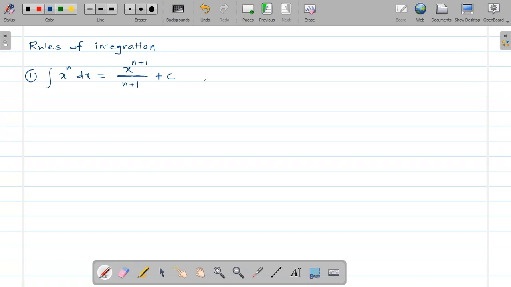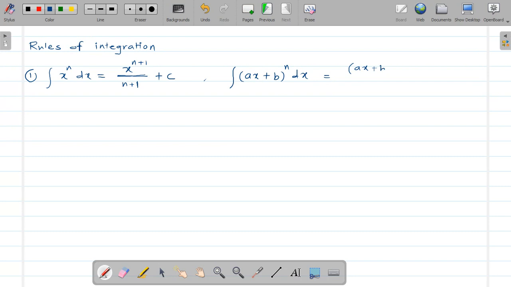Now suppose in place of x, I keep ax plus b raised to n, where a and b are real numbers. Now you know that the integration of x raised to n is x raised to n plus 1 upon n plus 1 plus constant. Then what about the integration of ax plus b raised to n? See how will you write?